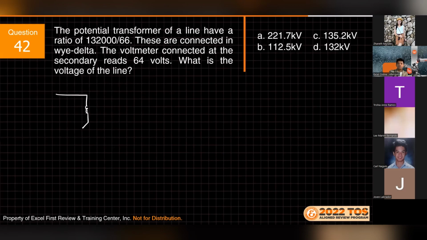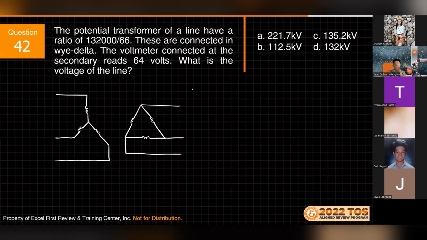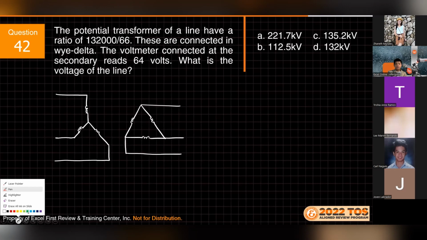Y, no? Tapos delta. Ayan. Okay? Sabi nito, the voltmeter connected to the secondary reads 64 volts. So that's line to line. Okay, so ibig sabihin, we'll have here the VS, which is the 64 volts.